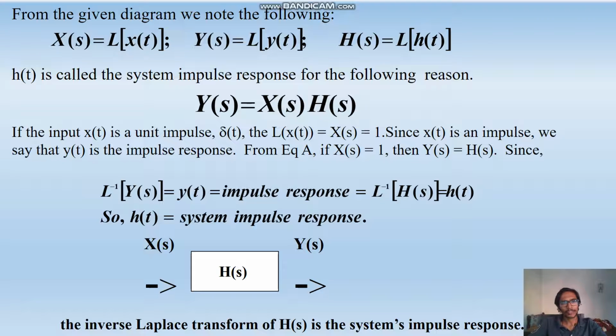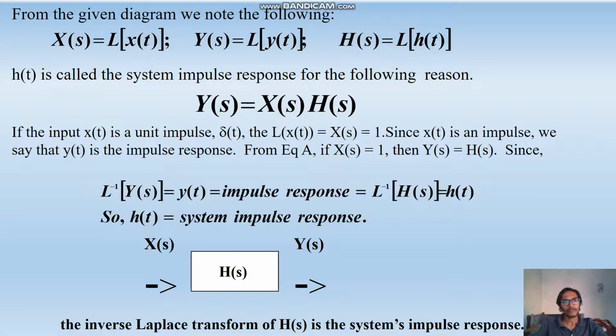Now, if the input x(t) is a unit impulse delta(t), then the Laplace transform of x(t), X(s), is equal to 1. Since x(t) is an impulse, we say that y(t) is an impulse response. From the equation, if X(s) is equal to 1, then Y(s) is equal to H(s). Since the inverse Laplace transform of Y(s) is y(t), the impulse response, it equals the inverse Laplace transform of H(s), which is h(t).